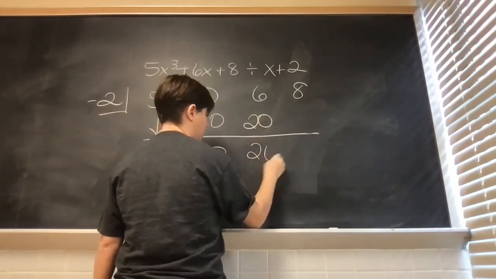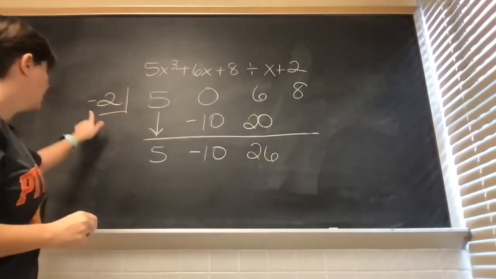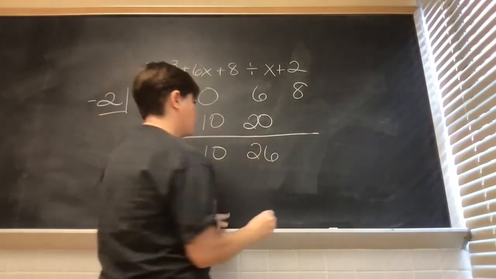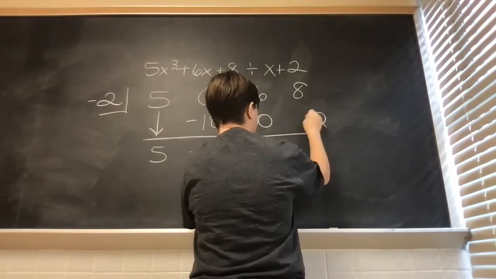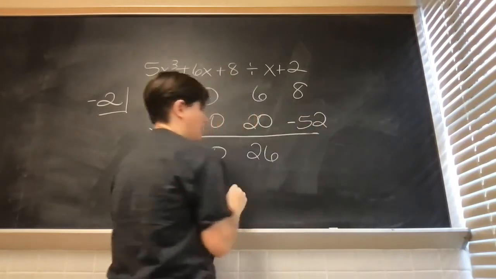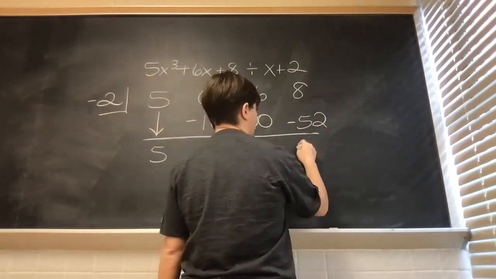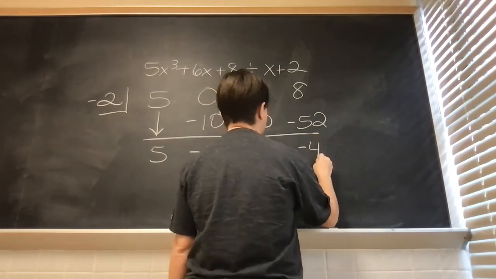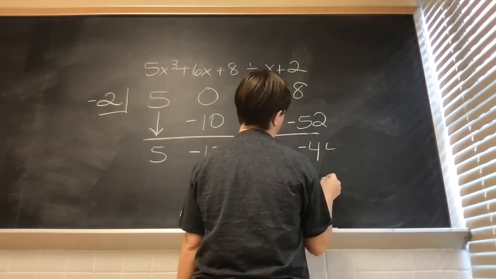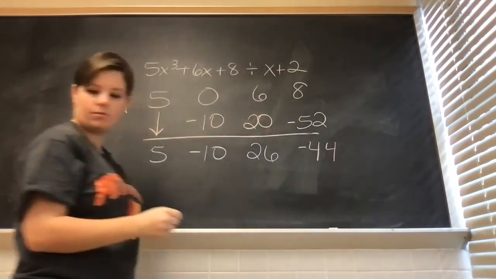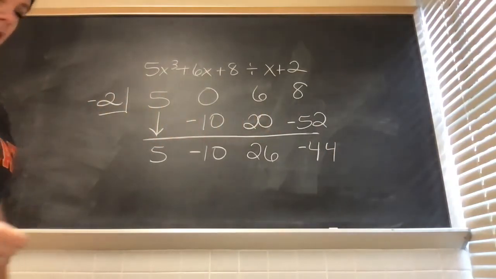And then I add down. -2 times 26 is -52, which gives negative 44. Sorry, when I'm on the spot, for some reason I can't do basic math.